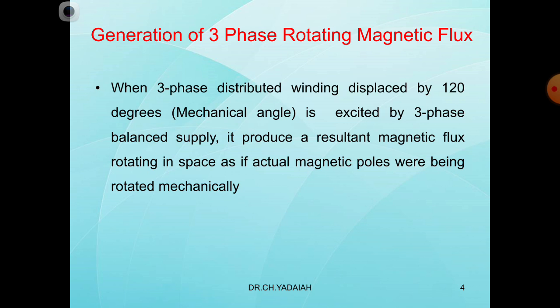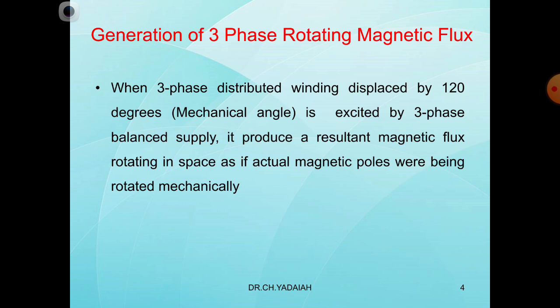We have to clarify this analysis with the help of our well-known phasor diagram as well as vector diagrams. These two diagrams will tell us very clearly how this field is generated and remains constant at every angle, and how it moves from 0 degrees to 30 degrees, 60 degrees, 90 degrees, different angles.